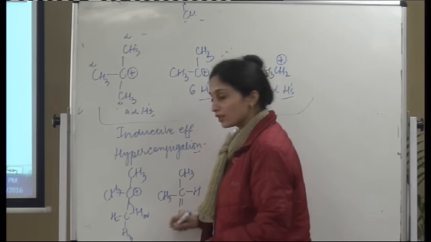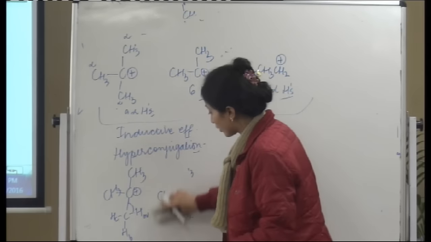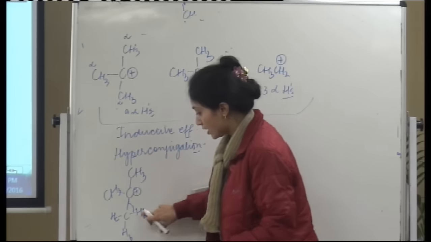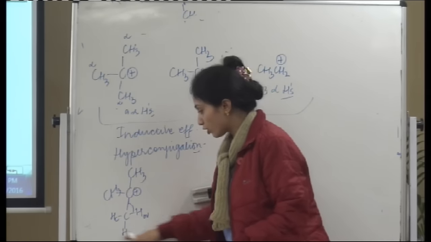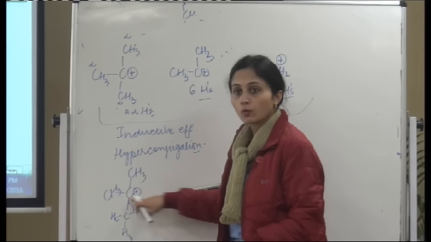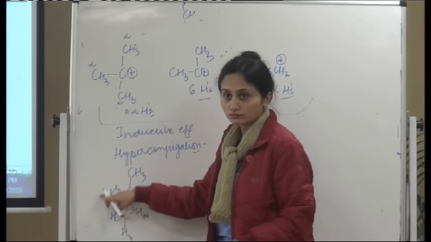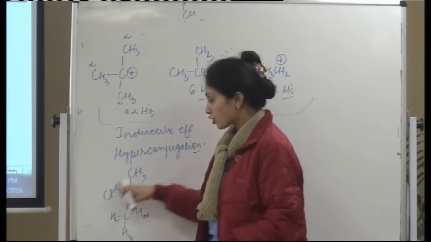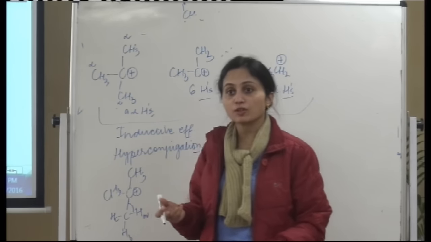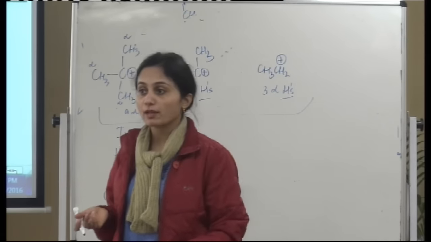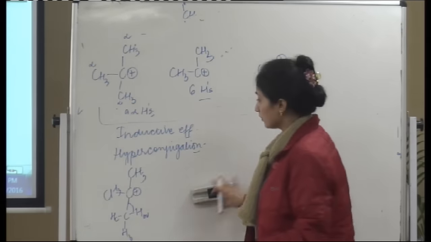It is some kind of a hyperconjugating structure which is getting formed. As this hydrogen has migrated from this position, you can have the migration of B as well as C. So 3 hyperconjugating structures from one particular methyl group. Similarly, you can have another one, and you can have 9 hyperconjugating structures. And I told you, greater the hyperconjugation or greater the number of hyperconjugating structures, greater will be the stability. Okay?